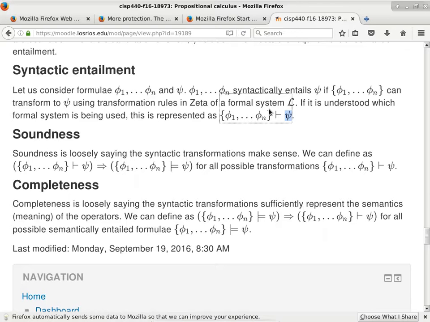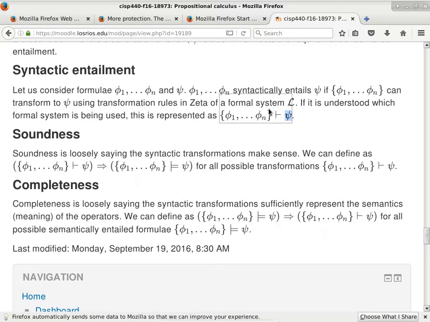So we syntactically, mechanically define what the symbols can be, what can be used to connect those symbols, what is true to start off with, and how we can do transformations. So if I specify something, I'll go to you a little bit later. If I make a mistake in zeta, let's just say I make a mistake, I can actually have a derivation or a syntactic transformation that does not match actual logic.